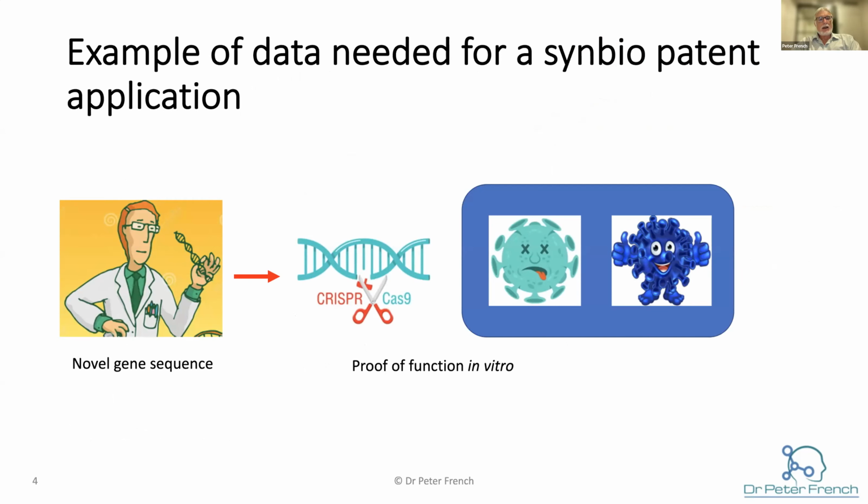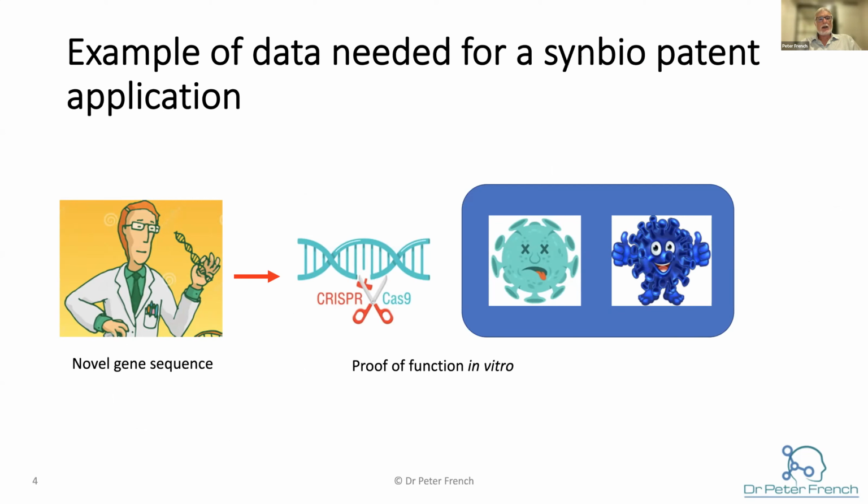So let's just think about an example of this. Now, this is just something that I've dreamt up, but let's assume that you found a gene from a bacterium in the Dead Sea that could assist plants to grow in salt-affected land.